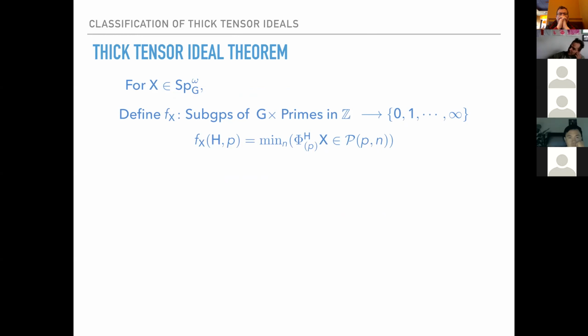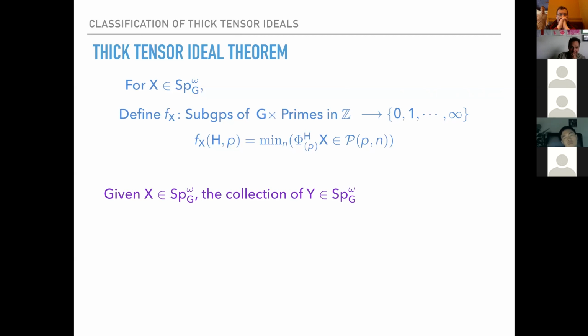We define this function by saying f_X(H,P) is the type of the H geometric fixed points at P locally. So exactly what's the smallest thick subcategory it lands in. So we're looking at our G-spectrum and examining how the type varies as we vary the subgroup.